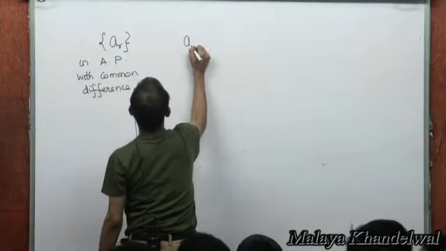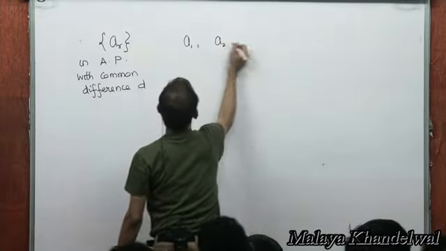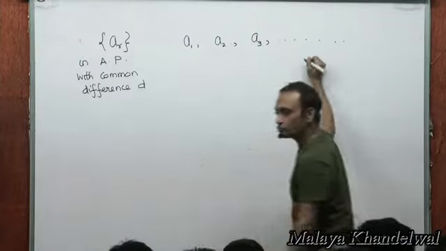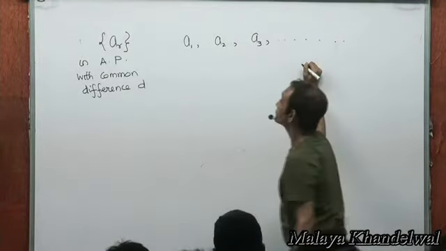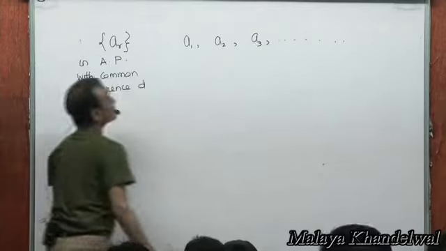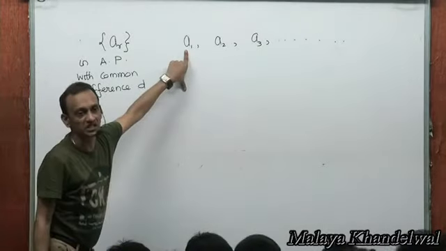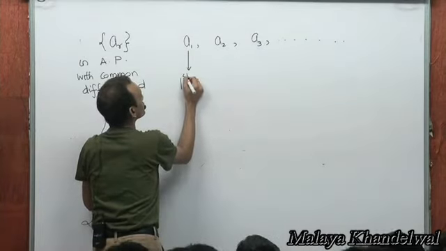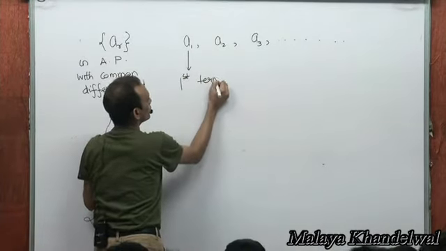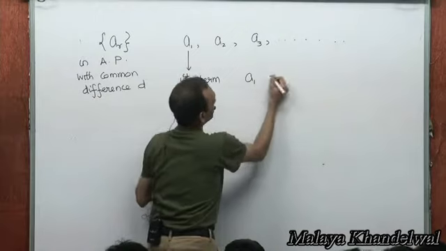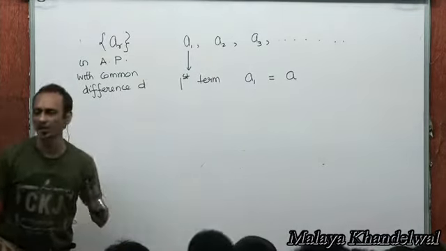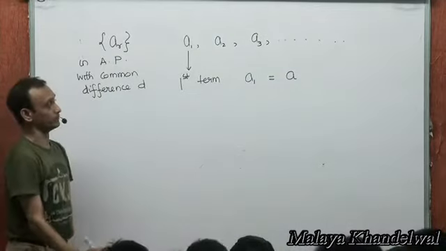It's a set of numbers A1, A2, A3, and so on and so forth. This is called the first term of the sequence. A1. In common terminology, let me refer to that as A. A1 is some number A. First term.